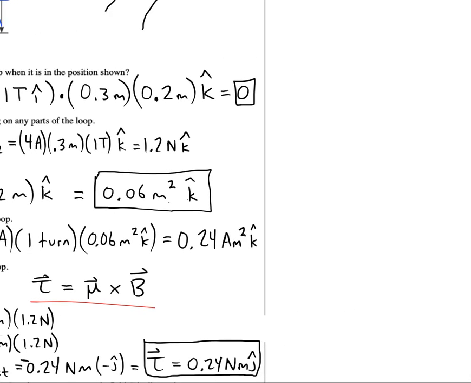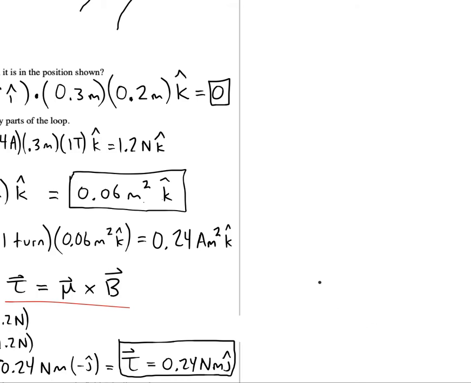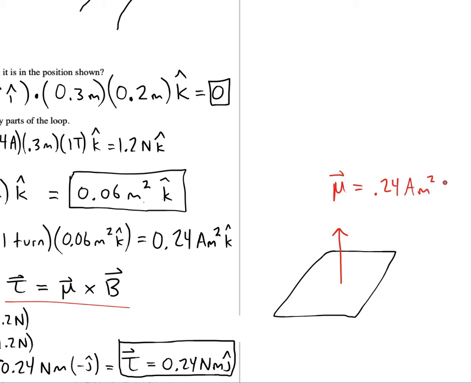I'll do it on the side here. All right. So I'm going to lay the loop down. I see that the mu is coming out of the page. It is 0.24 amp meters squared k hat.